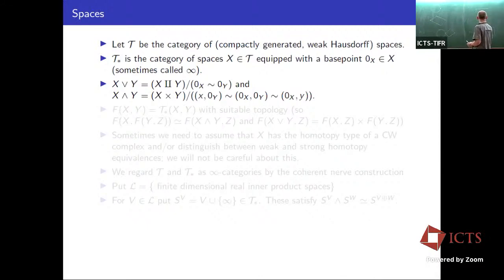X cross Y is like a square like this, but everything on the squiggly line gets collapsed down to a point, because this is 0 cross Y. That's X cross 0. And so when you collapse that down, you get a lens here.